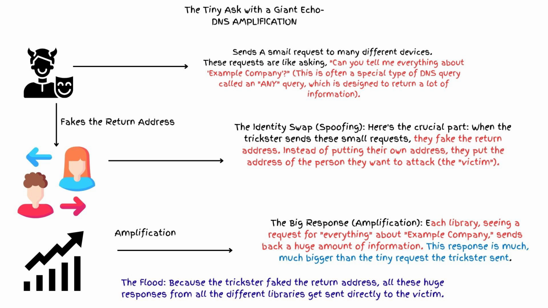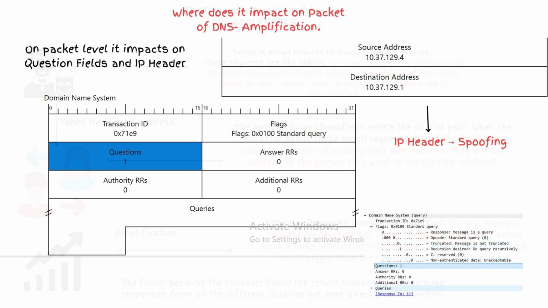So here, the attacker spoofs your IP address and asks for a lot of information from the DNS. When the open resolver receives this small, spoofed query, it dutifully responds with a much larger DNS packet. Since the source IP in the original query was spoofed, this large response goes directly to our victim itself.